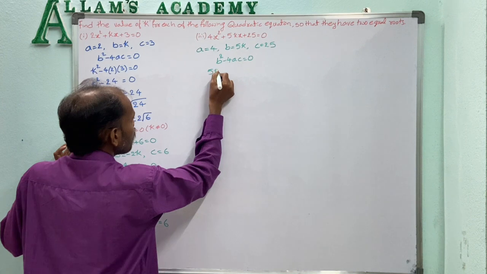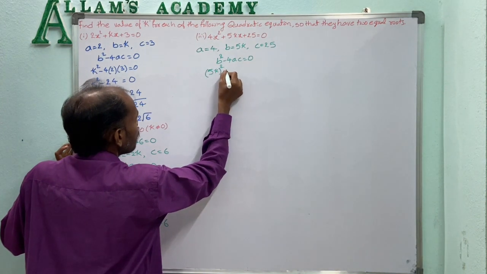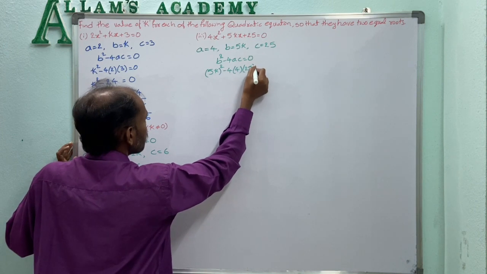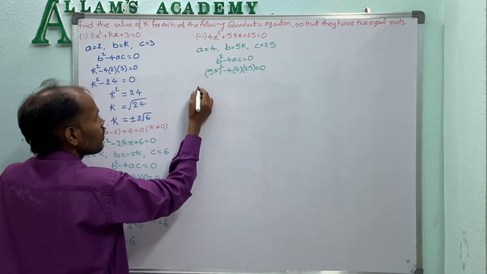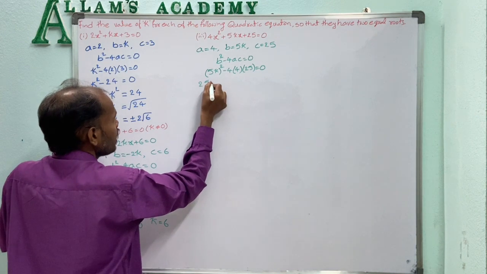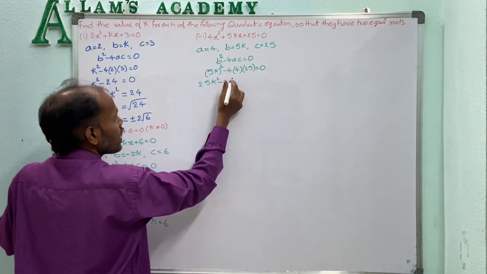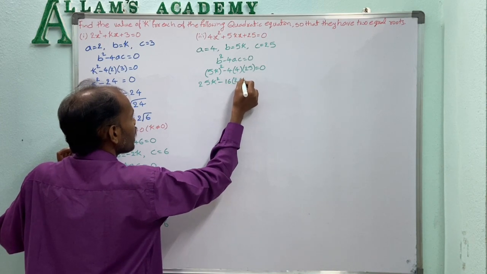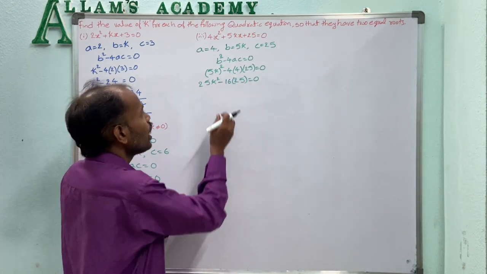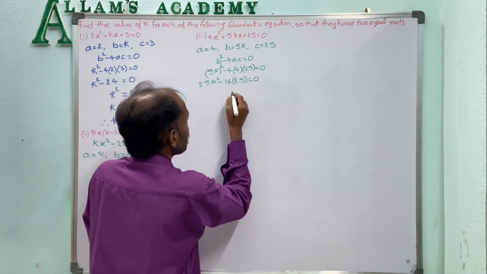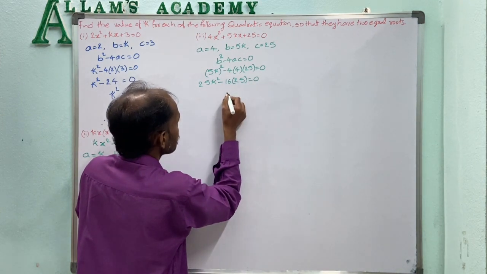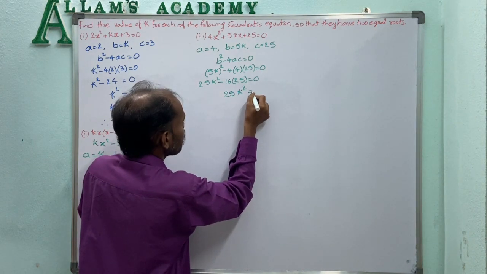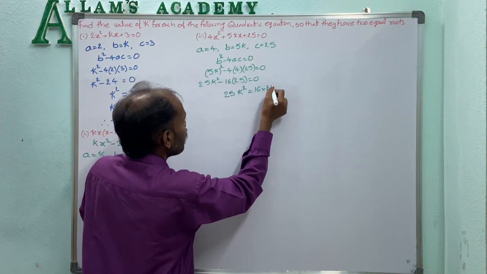So 5k whole square minus 4ac, with 4 into a equal to 4 and c equal to 25, equals 0. 5k whole square equals 25k square, minus 4 into 4, 16 into 25, equal to 0. Now this minus 16 into 25, transfer to that side, that is plus 16 into 25. So 0 plus 16 into 25 is nothing but 16 into 25.